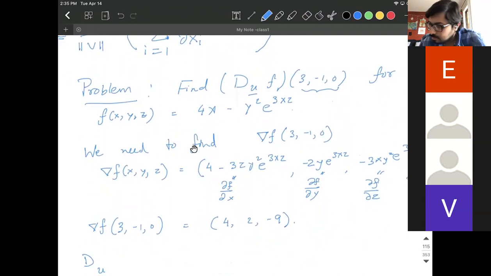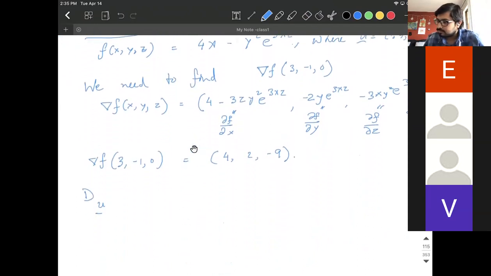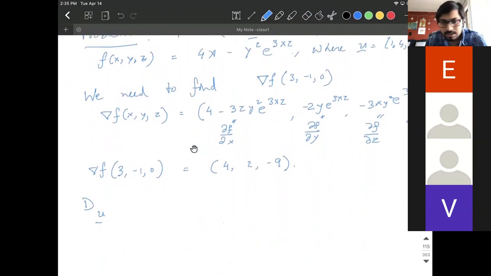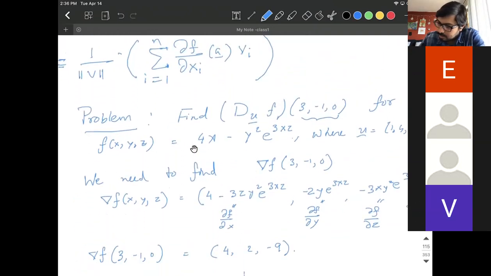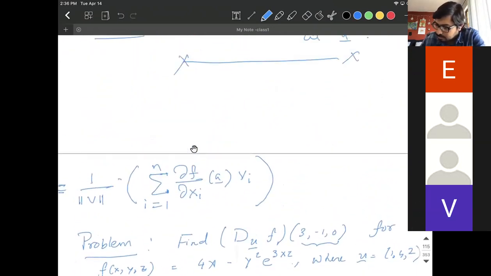So this is the direction vector, 1, 4, 2. So in this direction. Okay, so then du of f at this point, this is once again from this formula, 1 over the norm of v.